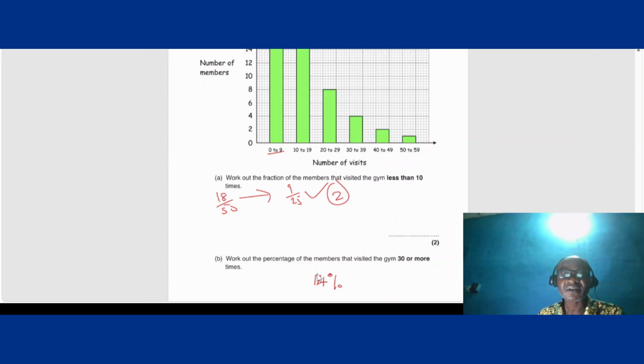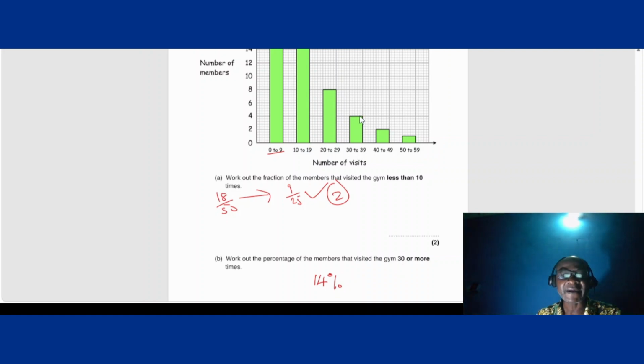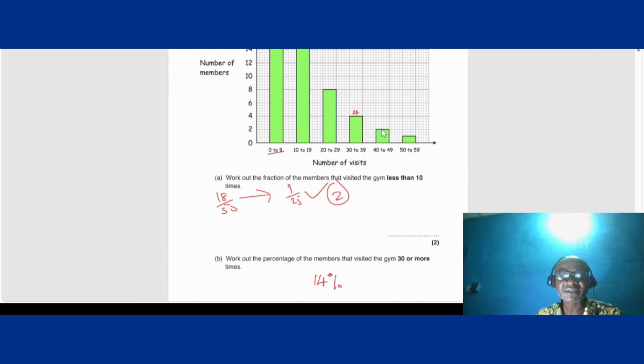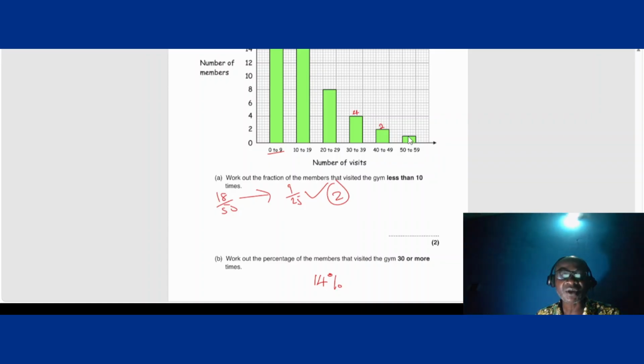Can you continue now? You were trying to explain something. To get 30 or more, you count 30 to 39, which is four of them, then the next one is two, and the next is one.